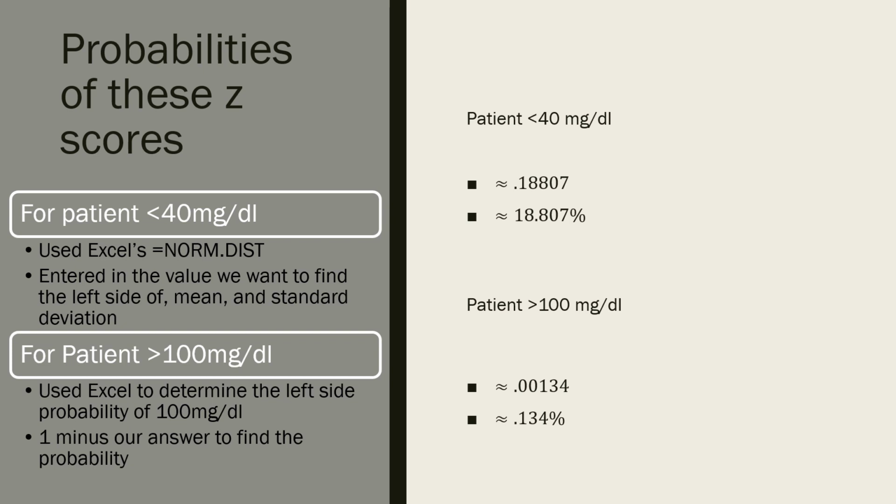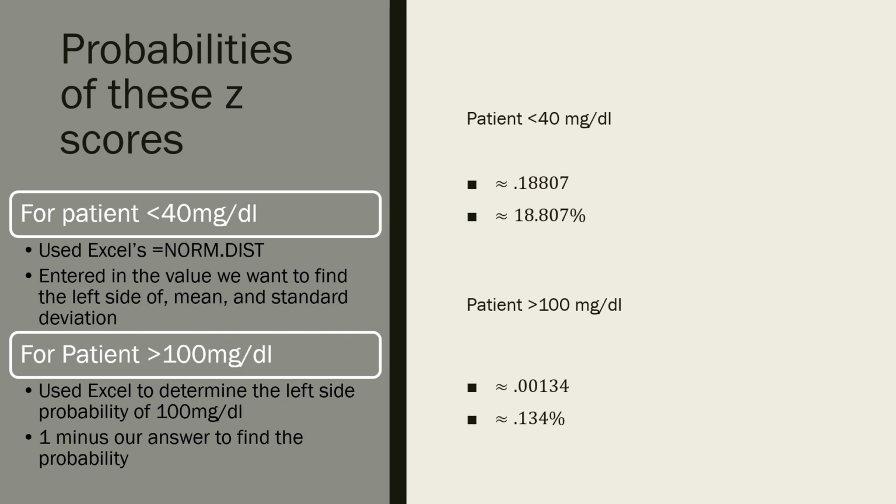Now, for our second probability, we can do something similar, but there is a slight difference because for our less than 40 milligrams probability, we were already looking at the left side of our distribution, our histogram. Now we're going to look at the right side. So we plug in again equals NORM.DIST, enter 100, which is the value we're looking for, the mean, and standard deviation.